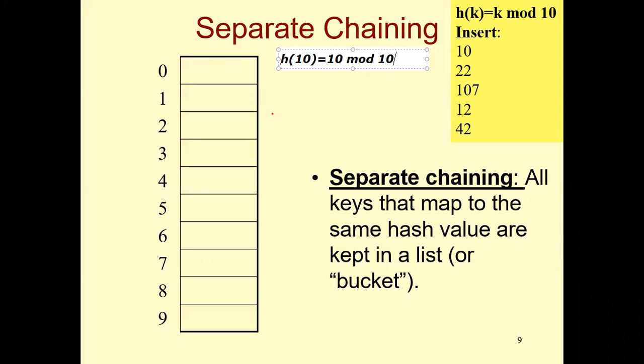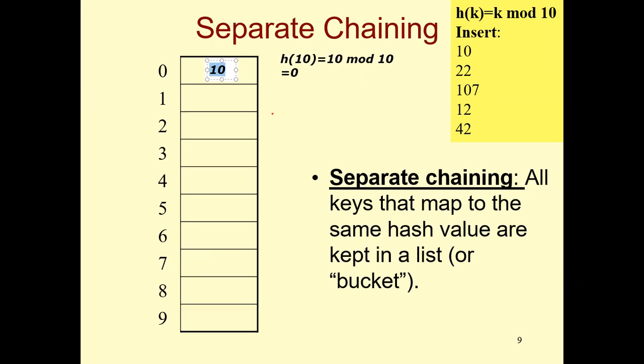So then you need to ask yourself, how many times can 10 go into 10? 10 can go into 10 just one time, and the remainder is going to be 0. Therefore, 10 will go to the first index, which is here. You're following that?